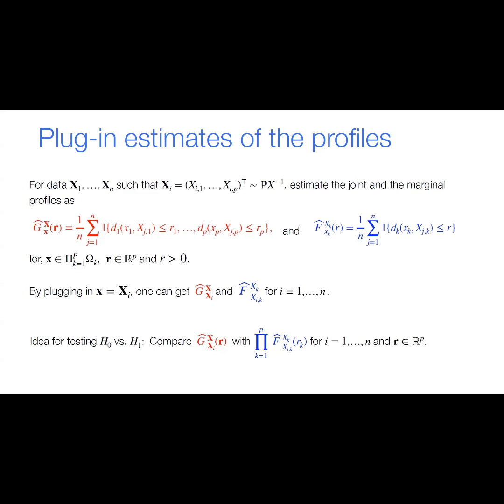So those will be our centers. Basically, we'll look at x1 to xn, which are p-variate random objects, and those are going to serve as your centers for creating the joint distance profile and the marginal profiles. And then in order to create the test statistic, we'll just compare these bunch of joint and marginal profiles for every data point in your sample.